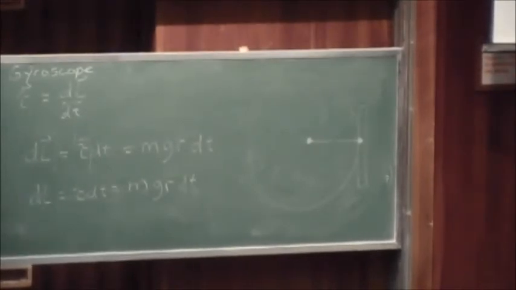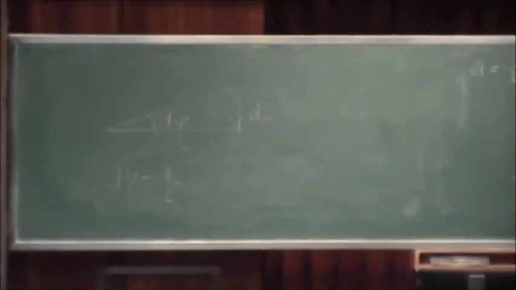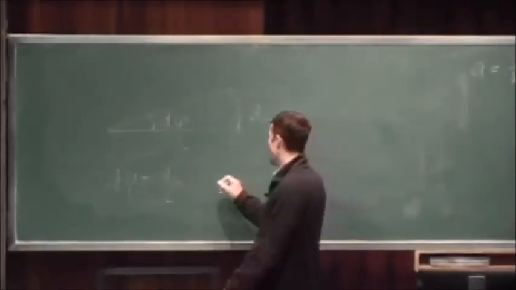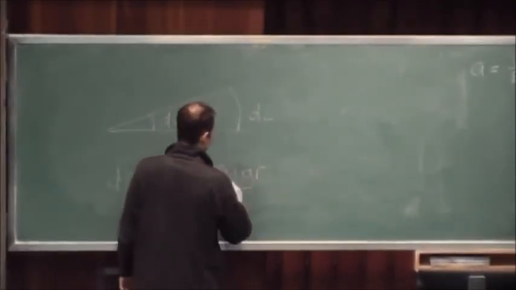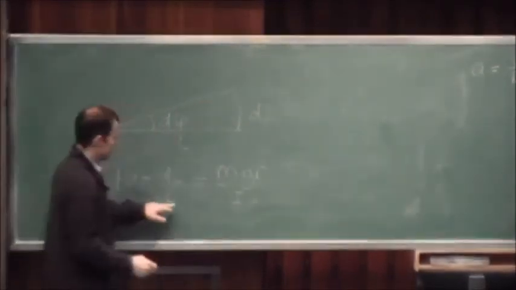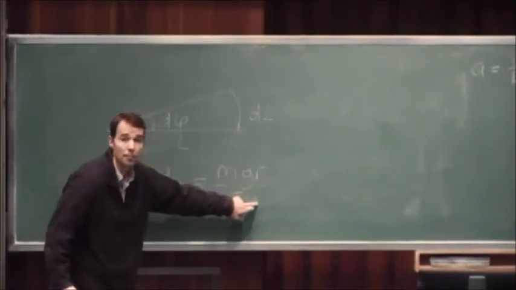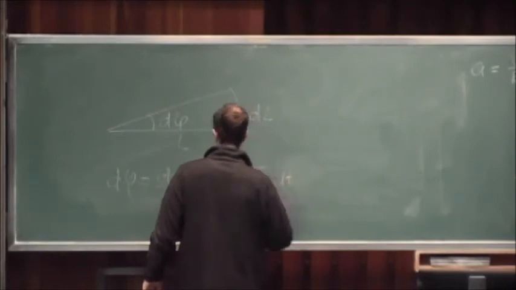For small angles, d phi is equal to dL over L. So we can then use this equation right here, and we have that this is mgr all over I omega, because L is equal to I omega. And then this is multiplied by dt.